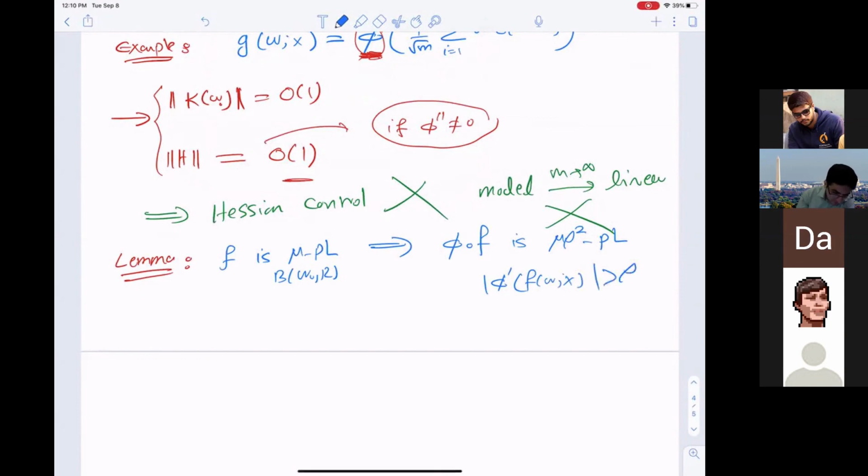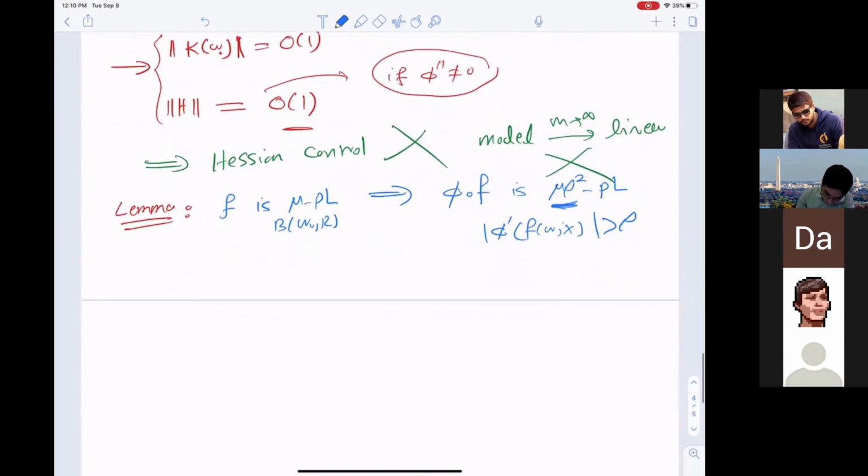So if the derivatives are above rho, then this phi composed with f is mu rho squared.